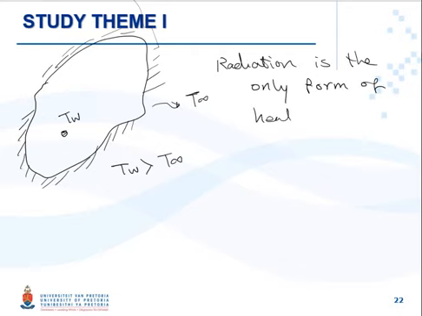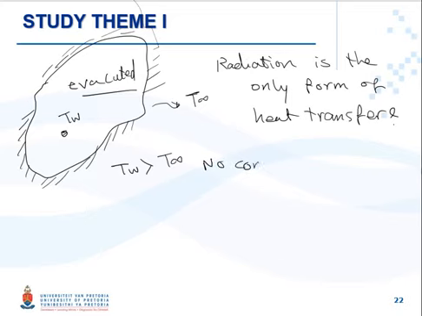Why? I said that it's evacuated, so inside is vacuum. No convection, because there is no matter. And since I put the blackbody inside the enclosure in a way that it's not touching the walls of the enclosure, there is no conduction. So no conduction, no convection. The only form of heat transfer which is left is radiation.